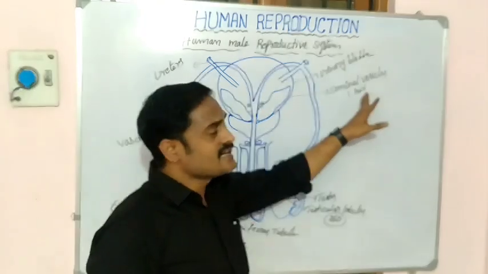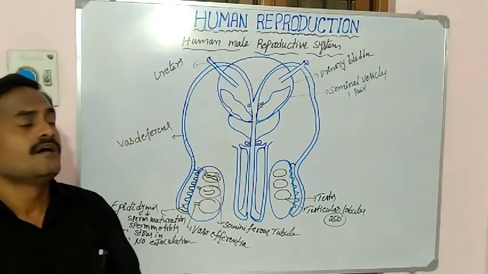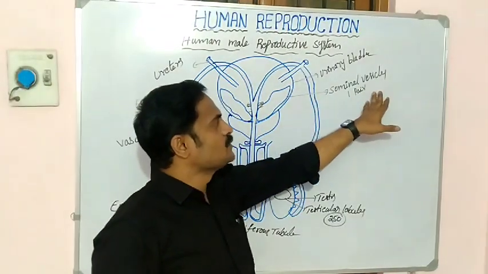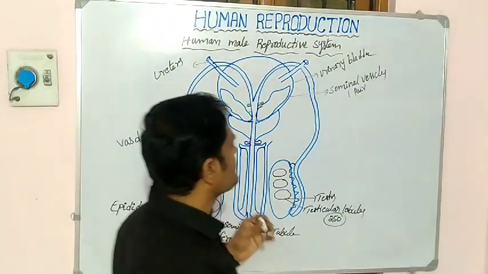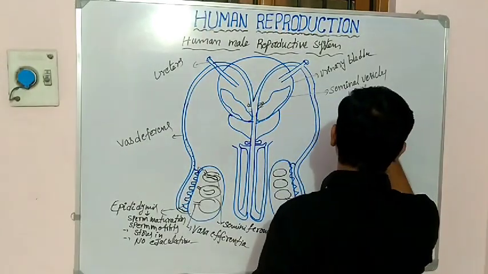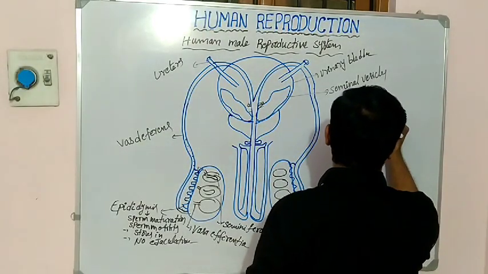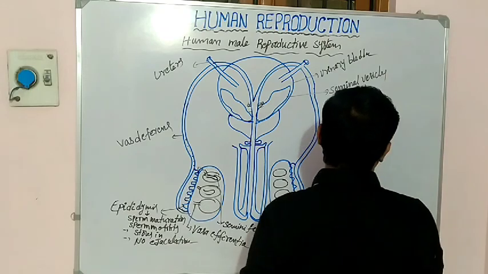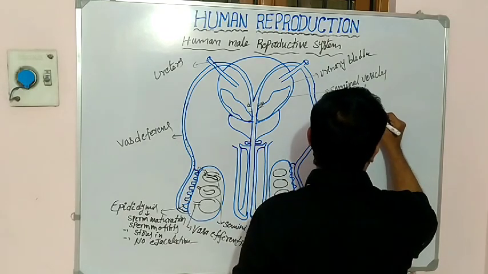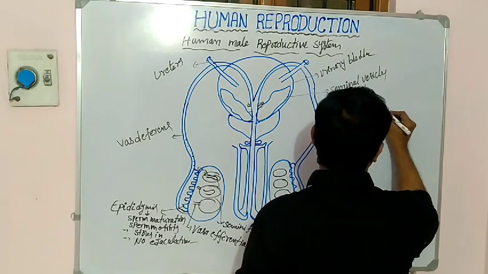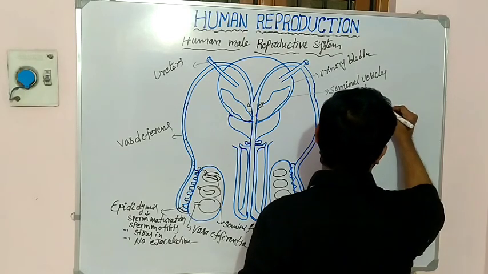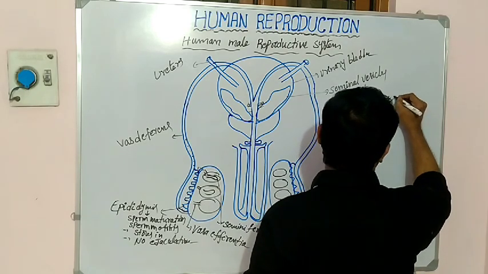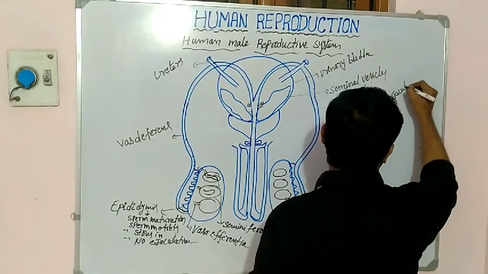So these seminal vesicles are male reproductive glands. How are they arranged? See, simply this is the urethra and here one tube is continuous. This tube is called the ejaculatory duct.